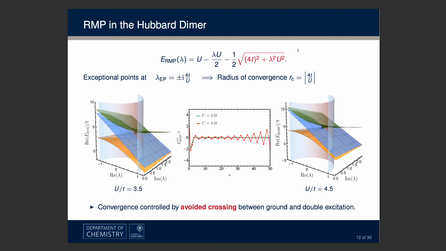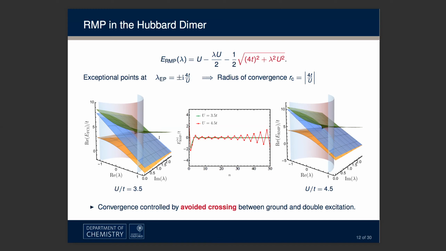You'll notice that this square root term goes to 0 at these exceptional points, and these exceptional points are in the complex plane at 4i t over U. You can see this here, again, there's a black dot. So we have the two singlet state energies interacting with an exceptional point in the complex plane.